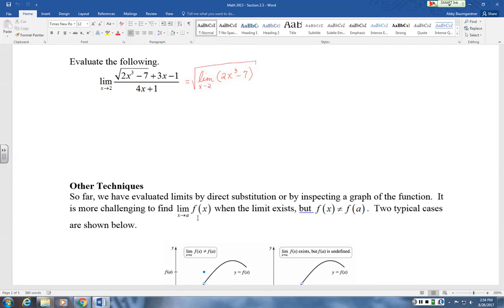So we know that much. We know that the limit can be distributed to the 3x. And to the 1.